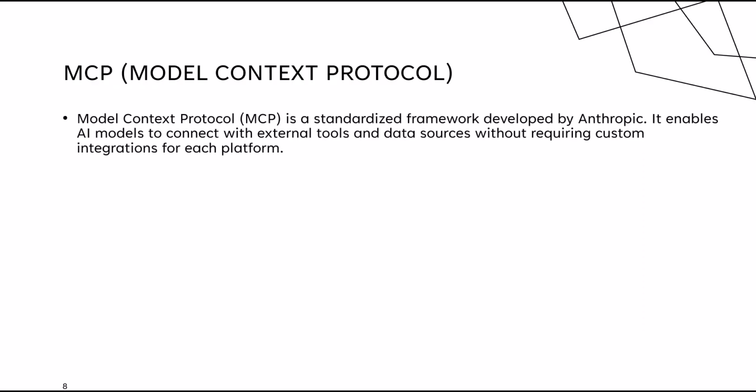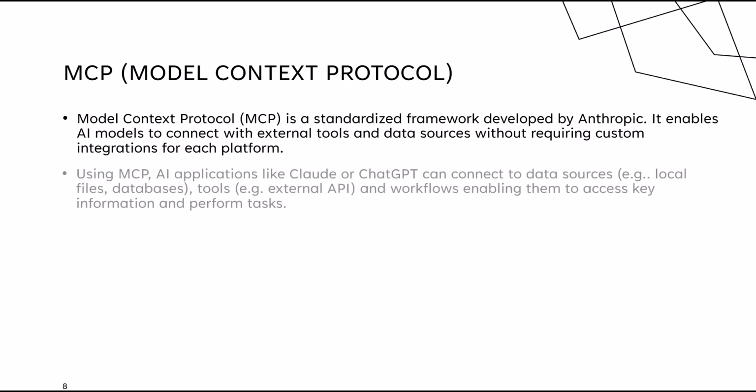Model Context Protocol is a standardized framework developed by Anthropic that allows AI models to seamlessly connect with external tools and data sources without the need for custom integration for each platform. This means AI applications like Claude or ChatGPT can easily access data, tools, and workflows to retrieve key information and perform tasks efficiently.